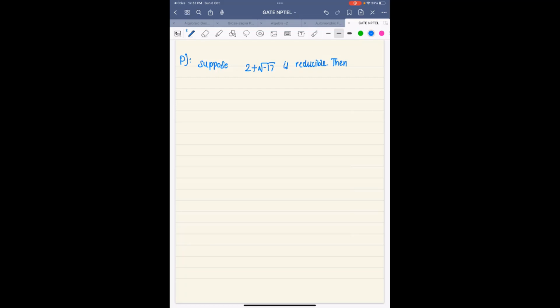Then 2 plus square root of minus 17 is equal to A plus B square root of minus 17 times C plus D square root of minus 17. Okay. Let's say that this is Z1 and this is Z2.